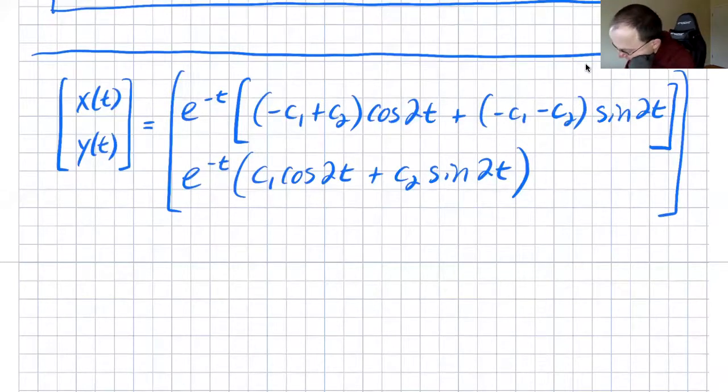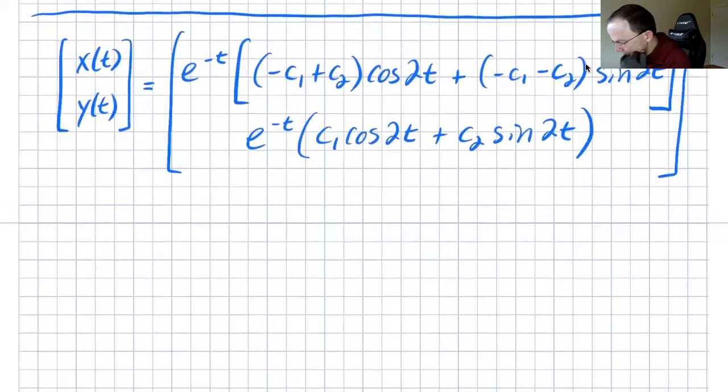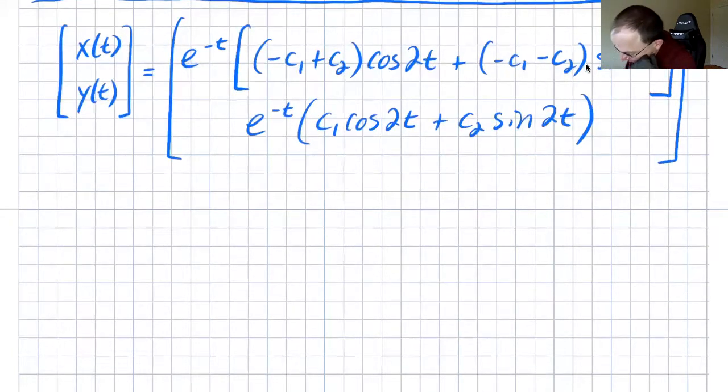Now, what we could do is combine these in a couple of different ways. We could put all the C1 terms together and then the C2 terms, or put the cosine terms together and then the sine terms. I don't know if that would be completely worth it, but let's just see.